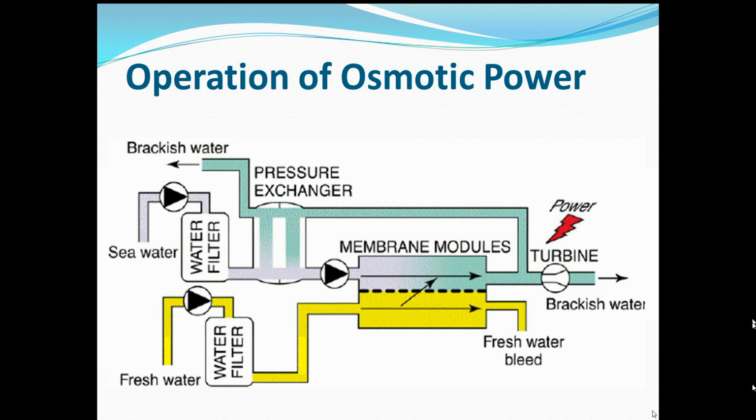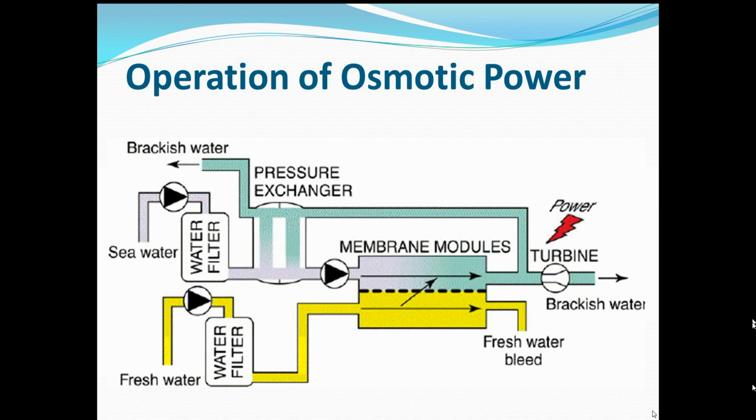So if the pressure on the seawater side is more than that of the freshwater side, then we can have a high pressurized stream of water flowing through the turbine blades, which can generate electricity. For that matter, we pressurize the seawater that comes in from the water filter.